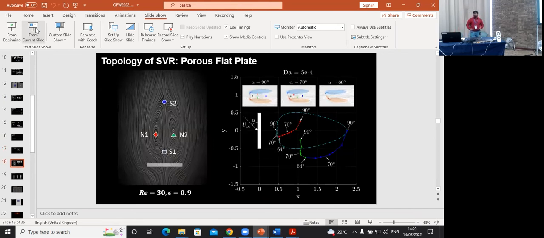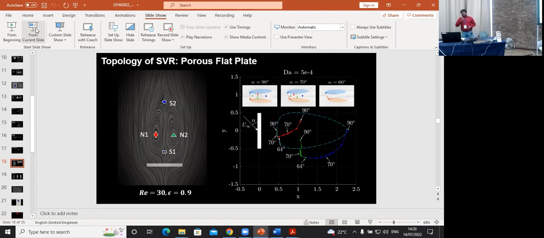And this is the 2D result. First we studied the flow field and tried to imitate the flow field of the experiment by considering a porous flat plate. We studied the different topology of the separated vortex rings by keeping the porous flat plate at different angles of attack. As you can see, the experimental flow field is very well captured, even in the 2D case, qualitatively, that for a porous 2D flat plate we get a separated vortex ring.